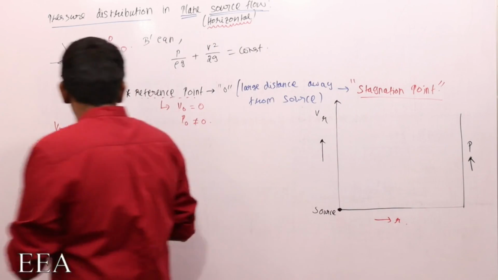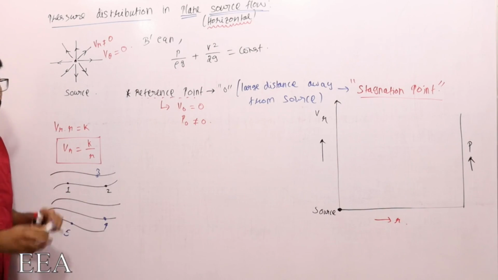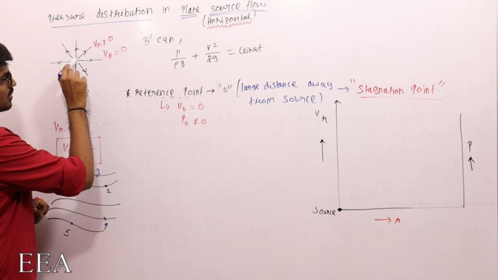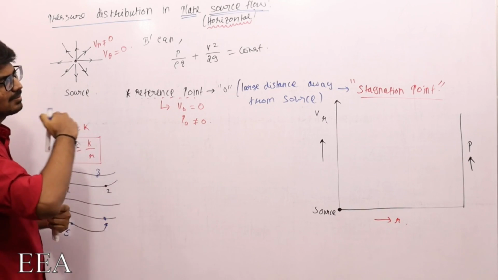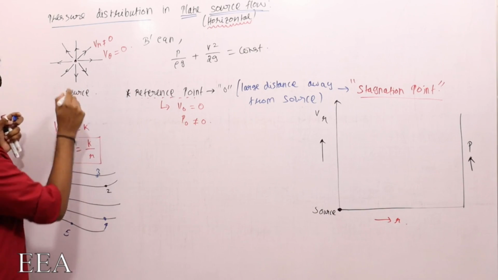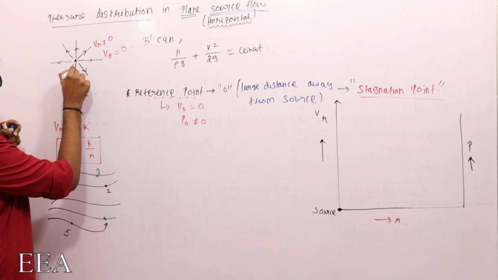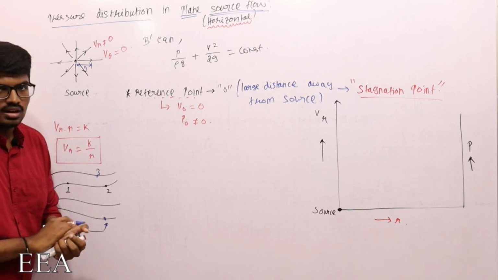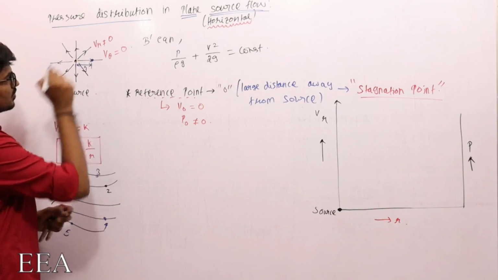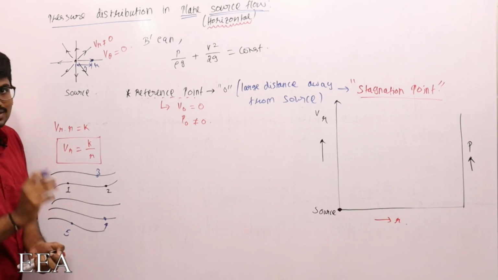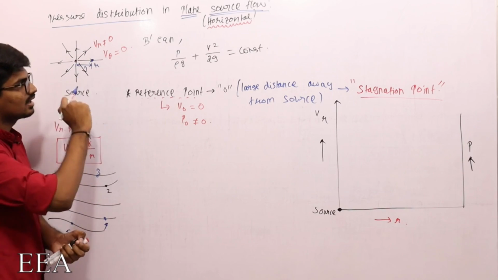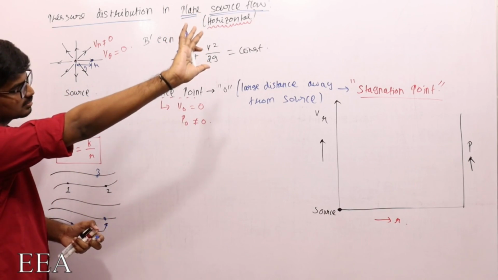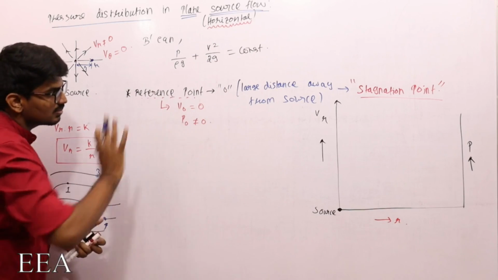Now, we know that it is irrotational. So simply what I'm going to do is apply Bernoulli's equation between a point at some radial distance r, and some point O which is present very far away from the source, where we know that the velocity becomes zero.